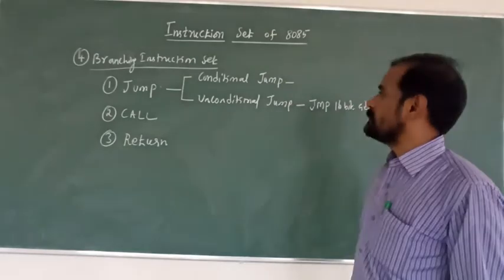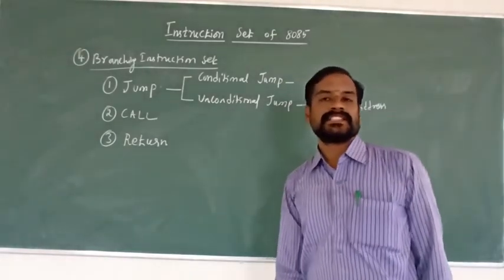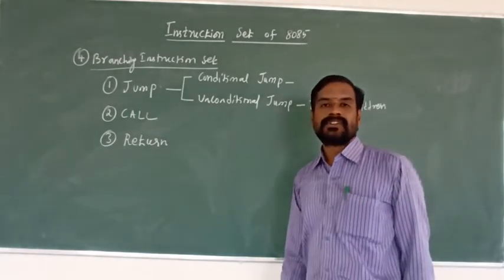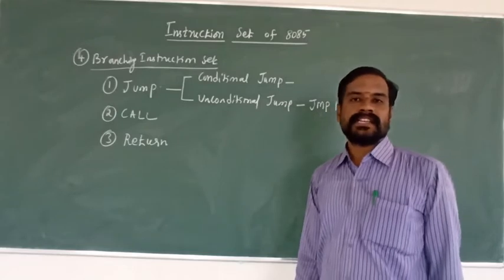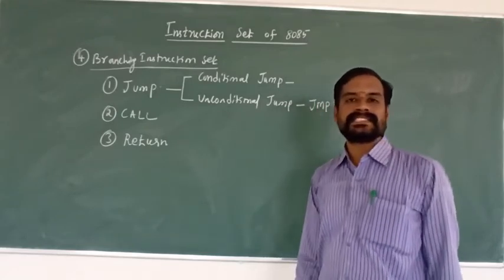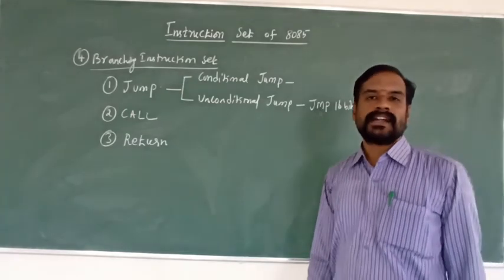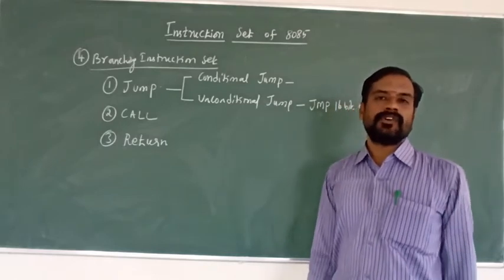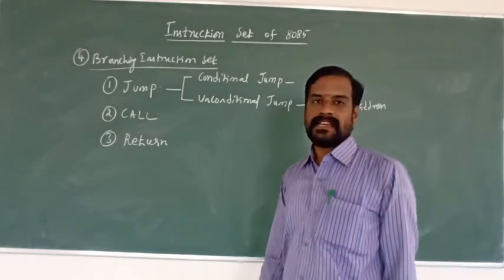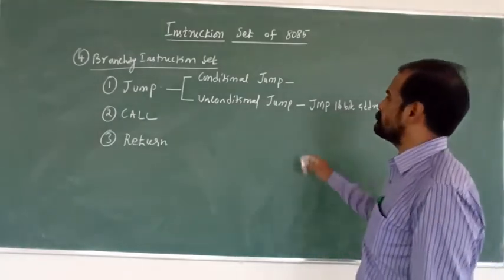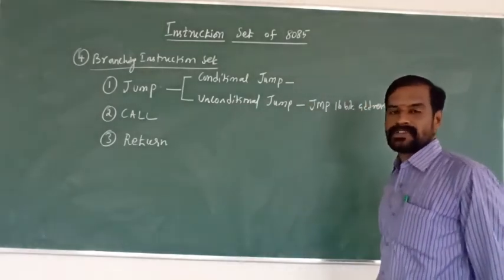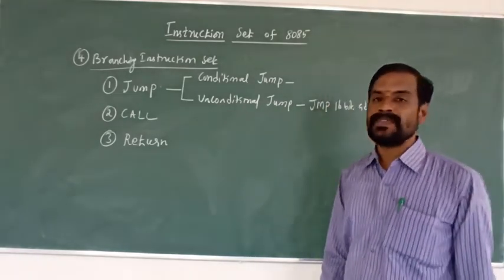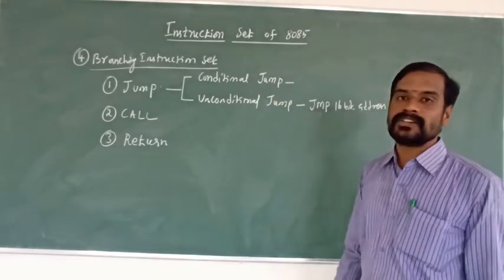And conditional jump, total 8 conditional jumps. Number 1 JC, number 2 JNC, number 3 JZ, number 4 JNZ, number 5 JM, number 6 JP, number 7 JPO, and number 8 JPE. There are 8 conditional jump instructions. If that condition is satisfied, jump to the given 16-bit address location.